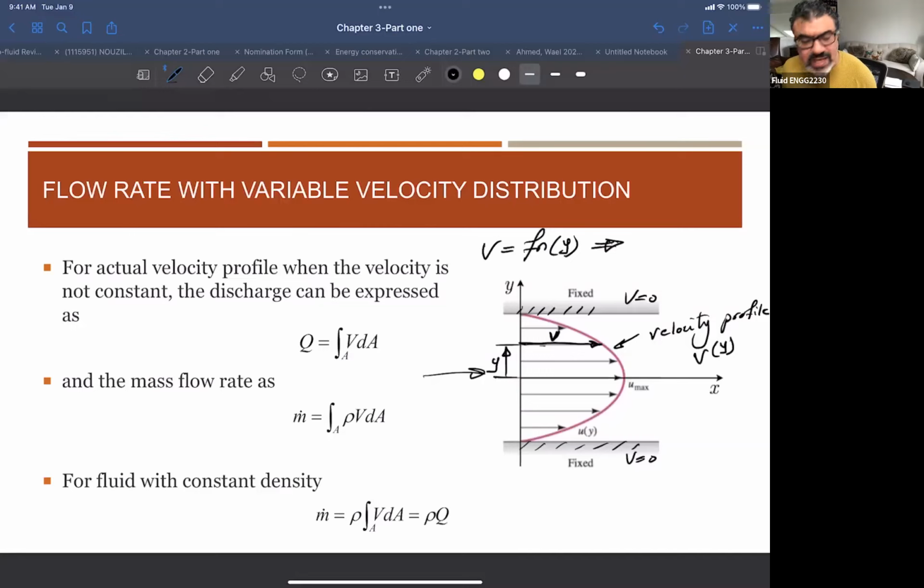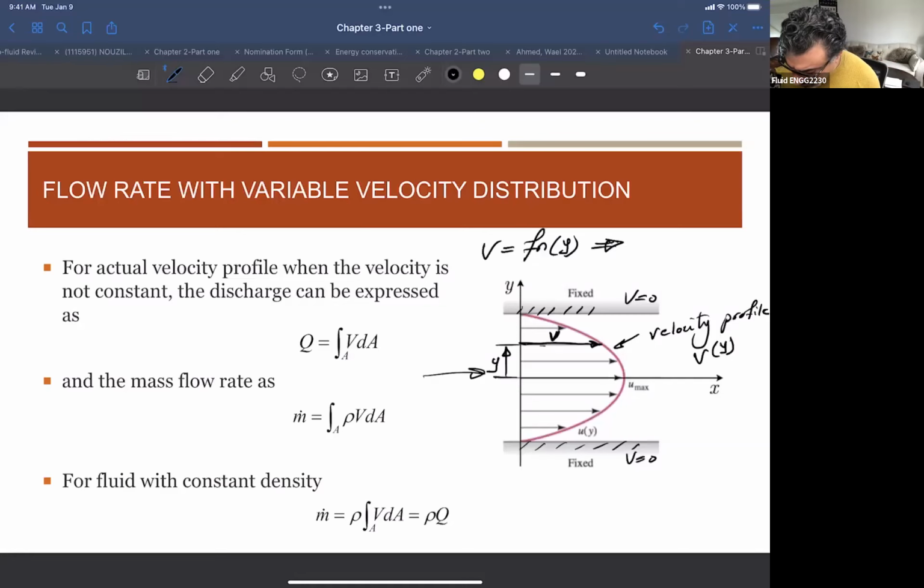Now, if I need to find out the flow rate in this case, if you remember in your math, when you have a variable function, right? In order to find out the total value for this function, you are basically integrating over it, right?